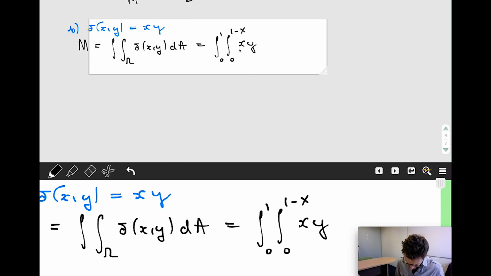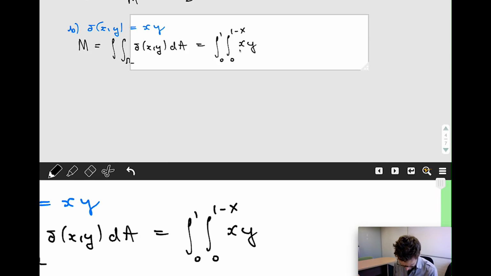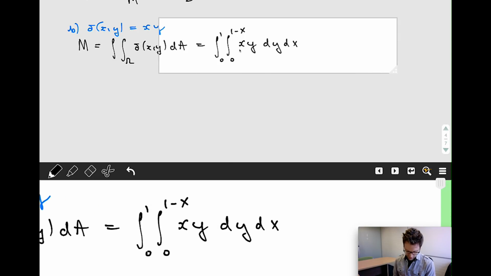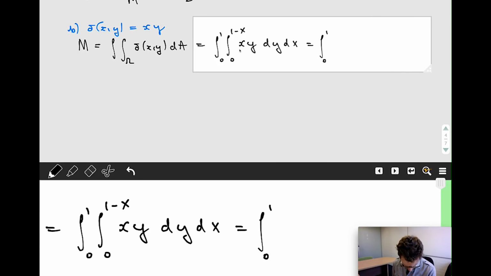My density has changed now, so the integrand is different. So this is the double integral I need to calculate for the mass of this non-uniform density object. So we've got the integral from 0 to 1. Doing the integral with respect to y is going to give me x y squared over 2, treating x like a constant.